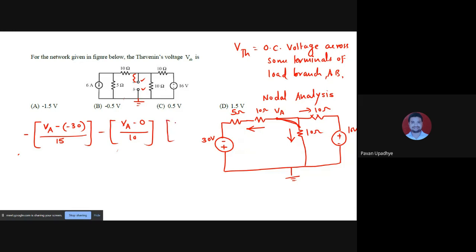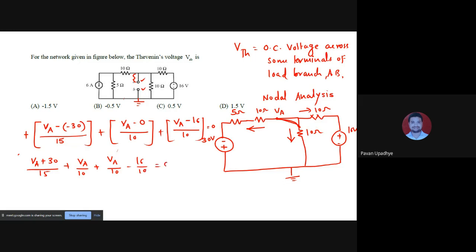Then VA minus 16 upon 10. Again this is moving away, so minus, equal to 0. Now all minuses can be made plus as if they are moved to the other side of the equation. So this gives me VA plus 30 upon 15, plus VA upon 10, plus VA upon 10, minus 16 upon 10.